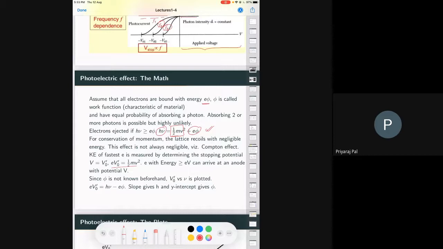So why do we have a range of kinetic energies for the electrons? That is because some can get retarded while being emitted from the metal. Ideally, if you have a photon of frequency nu and energy h nu, with the work function being the same for all the electrons, then all electrons should have the same kinetic energy.